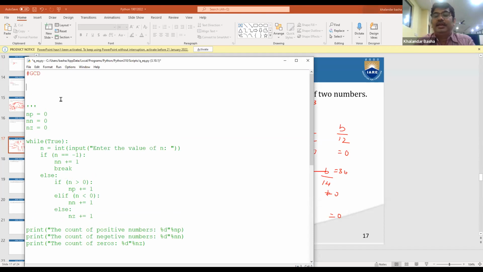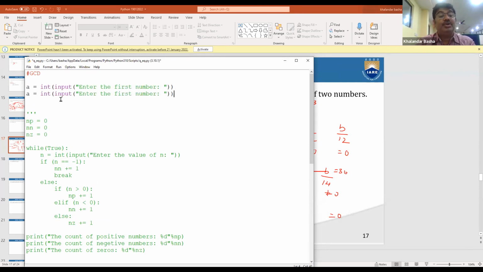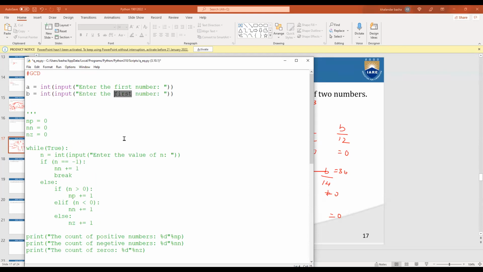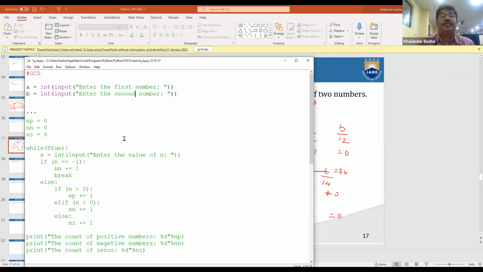Here I'll take two inputs. A is equivalent to int of input, enter the first number. Next, I'll accept the second input, that is B. So B is equivalent to int of input, enter the second number.